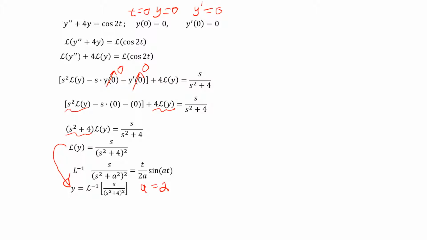So the 4 here is the same as 2a, that is 2 times 2. So that is 1/4 t sine 2t. So this is your particular solution.